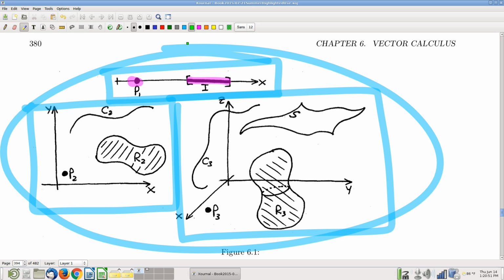In R2 we're going to talk about 2-dimensional regions, 1-dimensional curves, 0-dimensional points. In R3 we're going to talk about 3-dimensional solids, 2-dimensional surfaces, 1-dimensional curves, and 0-dimensional points. Okay, so these are what I'm going to call our domains, these various domains that we're going to talk about.